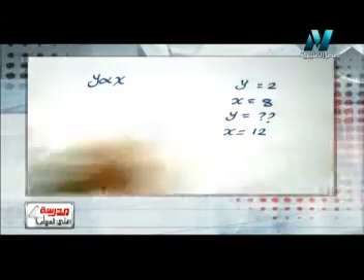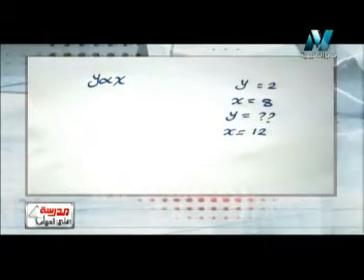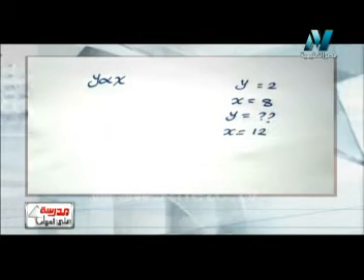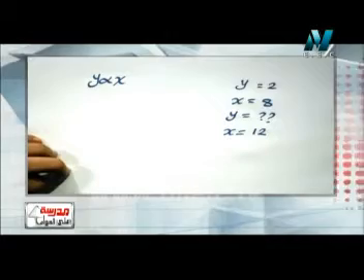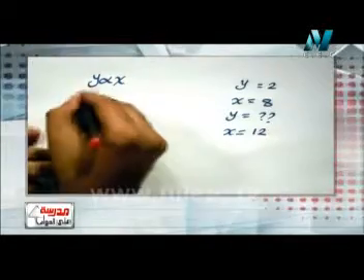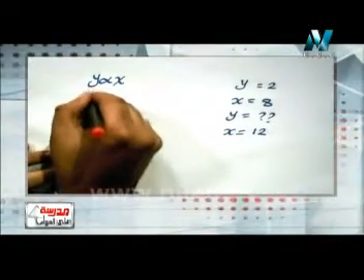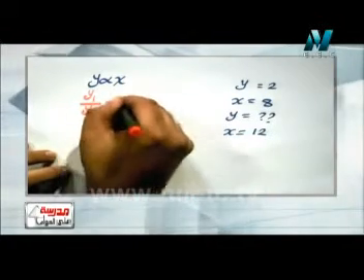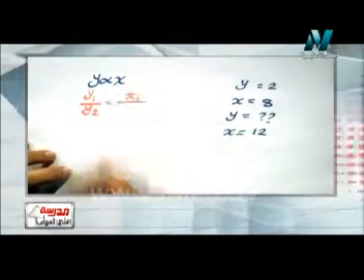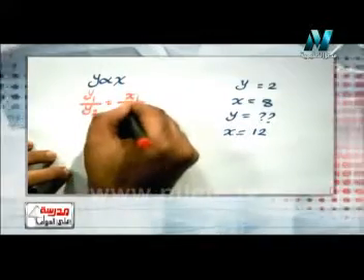As we said before, if I have two quantities like x and y with direct variation between them, then y1 over y2 equals x1 over x2.